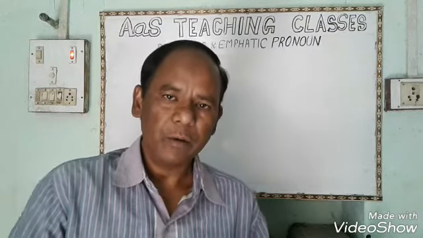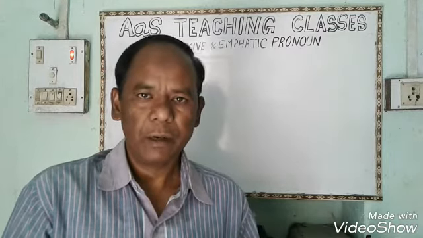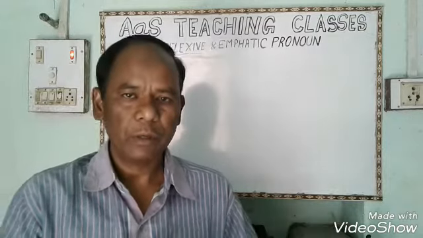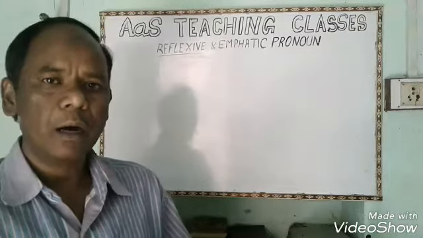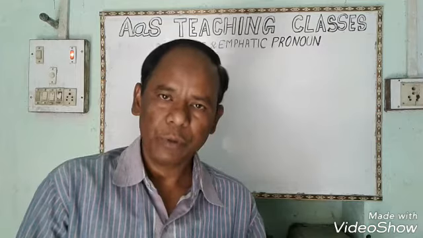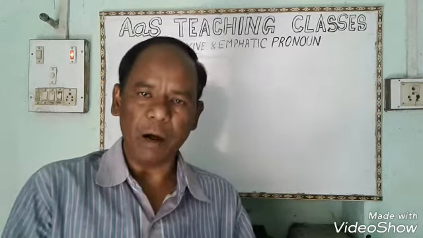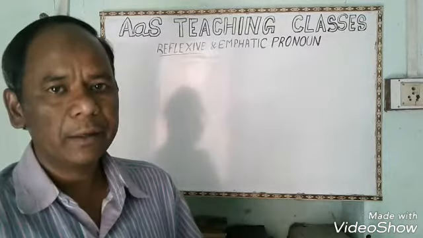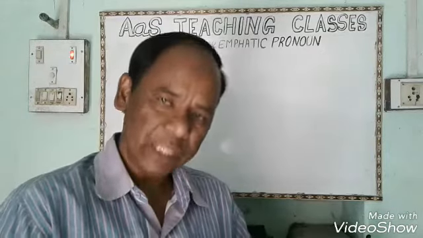First of all, we will learn about the construction of emphatic and reflexive pronouns. Emphatic and reflexive pronouns are also called compound pronouns because these are made up of a personal pronoun and the suffix self or selves.